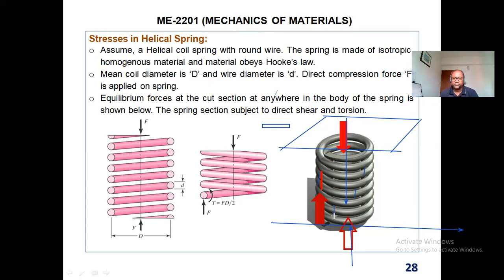Now, what is our purpose? You like to design a spring or you like to buy a spring, you need to make sure it meets your purpose. That means when you apply the load, it will not fail or break down due to the application of load. So normally I told you that it fails when the coil becomes two parts.